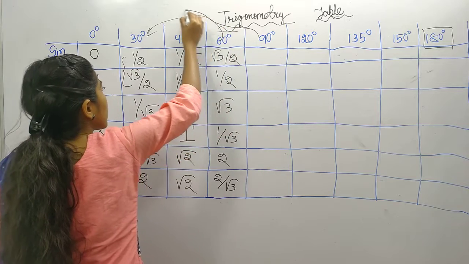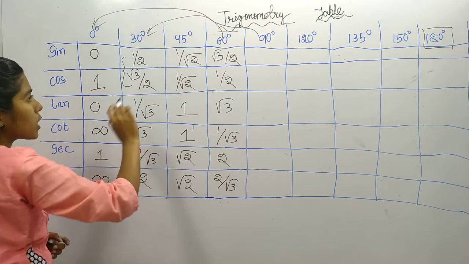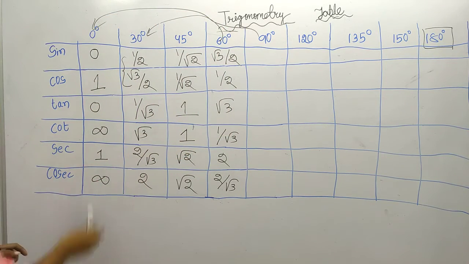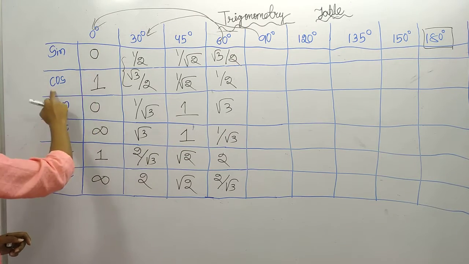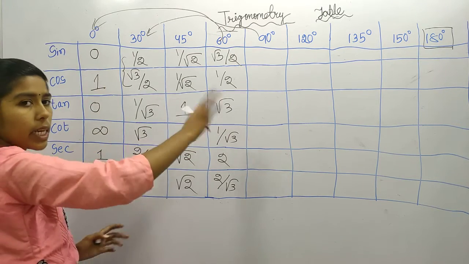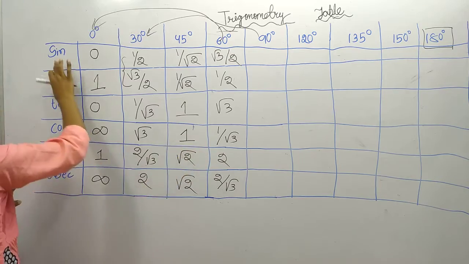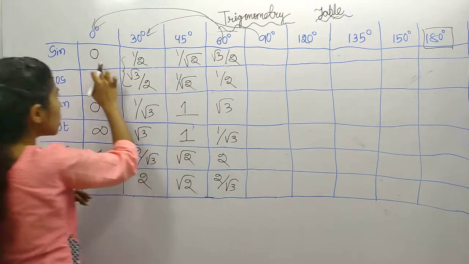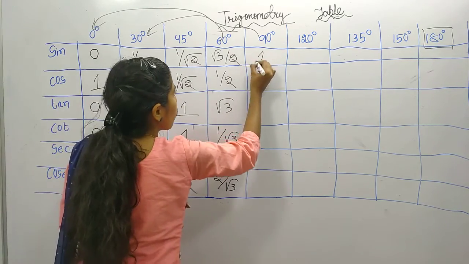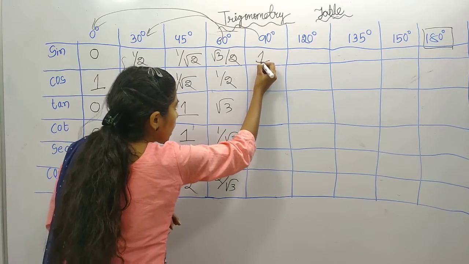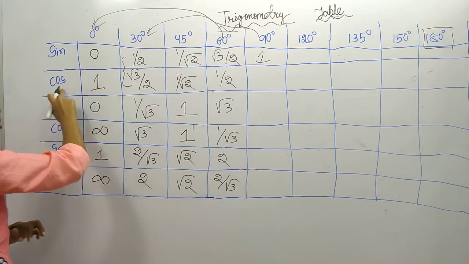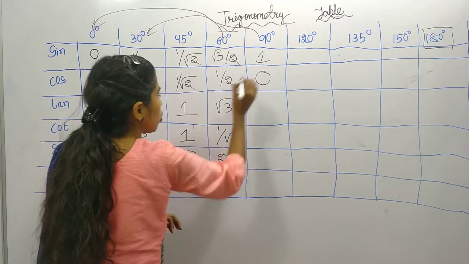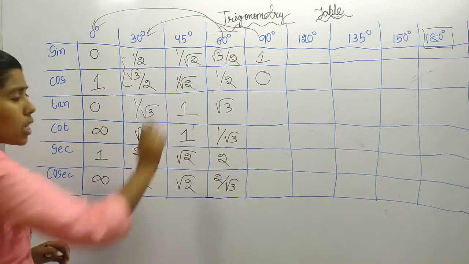Same in 90 degree also. 0 is connected to 90 degree. Here sin 0 is 0, cos 0 is 1. So, in 90 degree we have to interchange the values. Sin 90 will be, here 0 is there. So, here 1. Okay. Next, cos 0 is 1. So, cos 90 will be 0. So, we have interchanged the values.